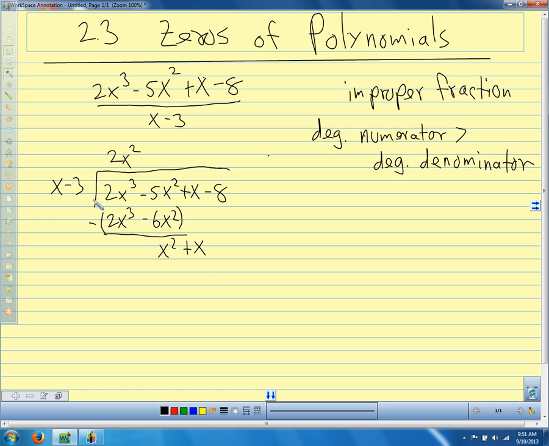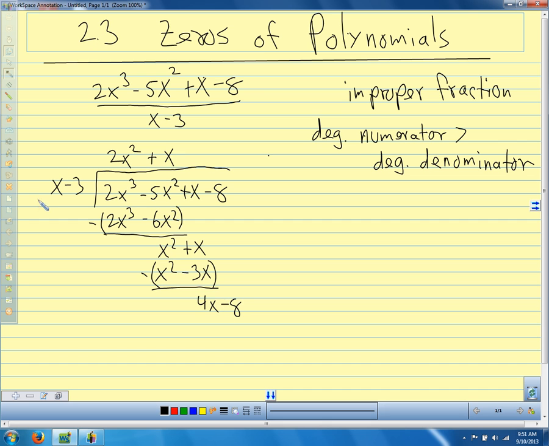And now I say, what do I have to multiply x by to get x squared? Write x there, multiply that out, x squared minus 3x. Remind myself that I have to subtract. I get a 0 there, x plus 3x is 4x, and I bring the minus 8 down.